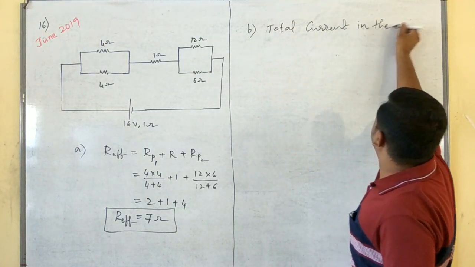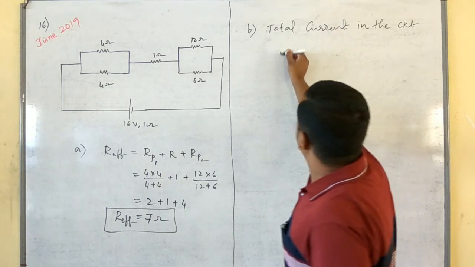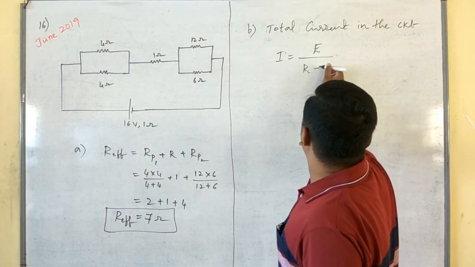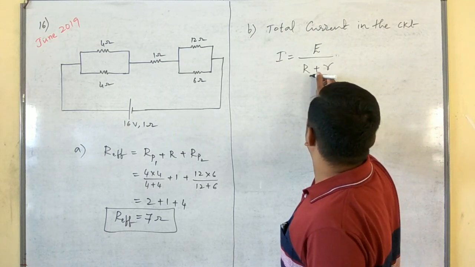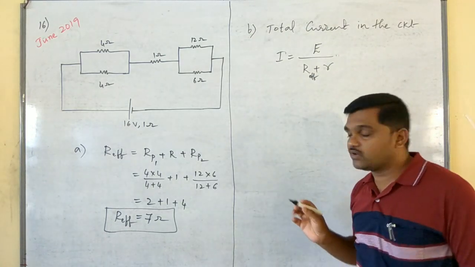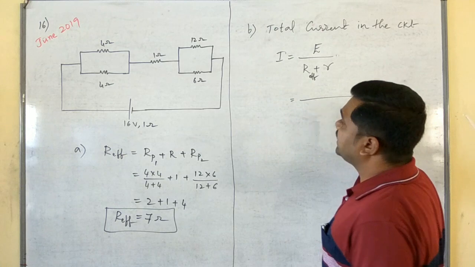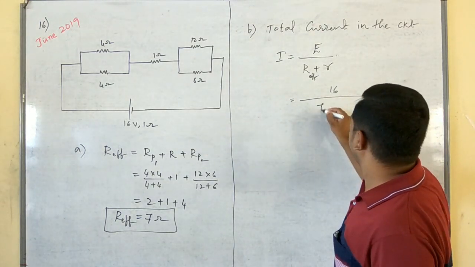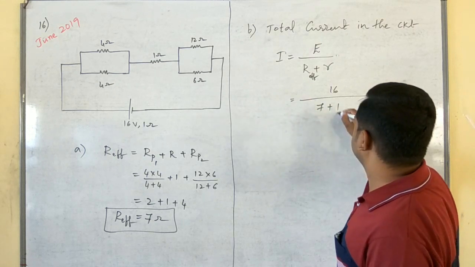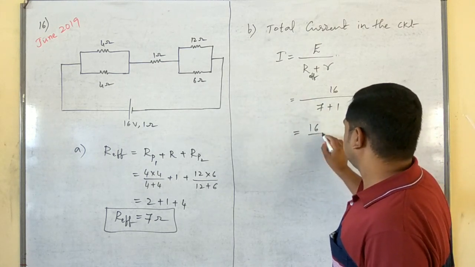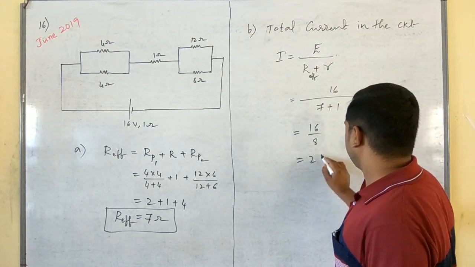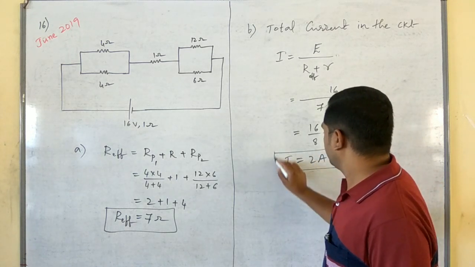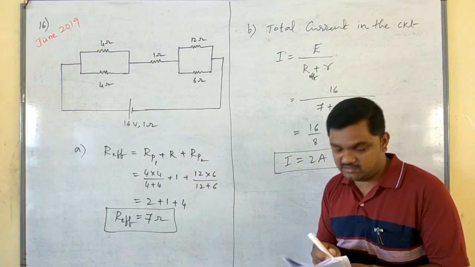The total current in the circuit is given by I is equal to E divided by R plus r, where this R is R effective. Next, E is 16 volt, R effective 7 plus internal resistance 1. Therefore, 16 by 8, which is 2 ampere. Like that.